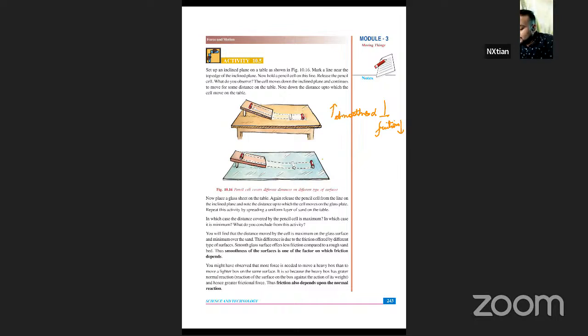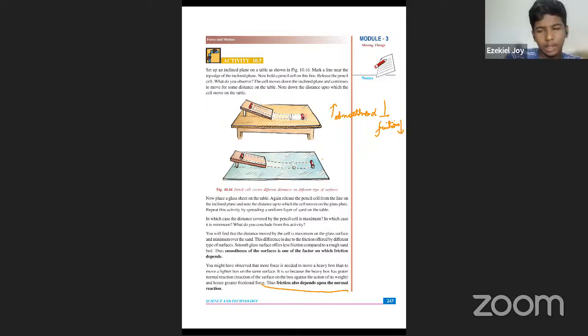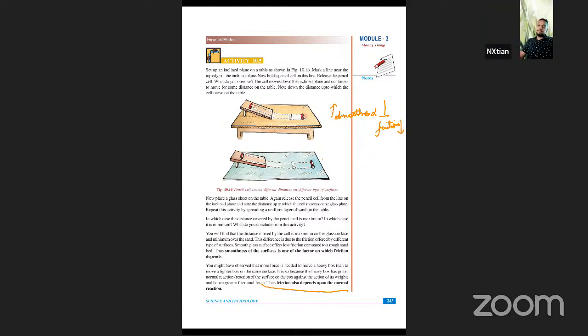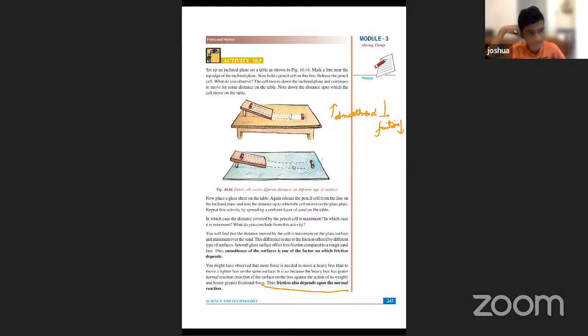Okay. Now, friction also depends on the normal reaction. Which one is easier to move, a small almirah or a big cupboard? A big cupboard means almirah. Yes, Joshua, what was the last one?